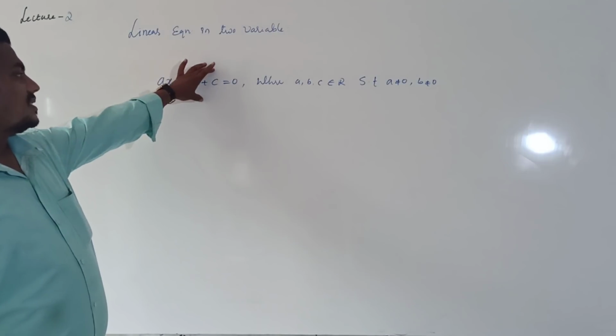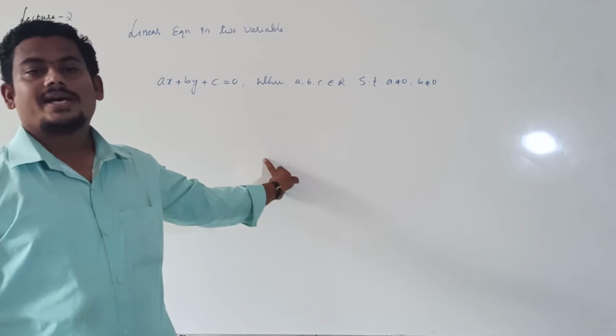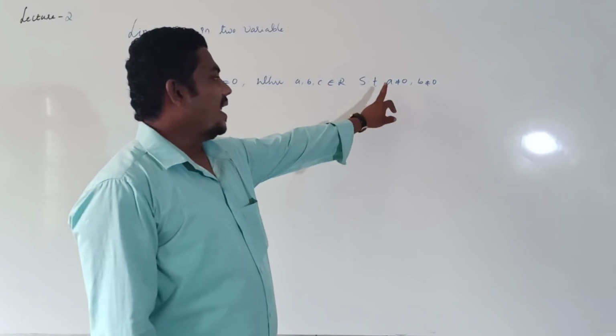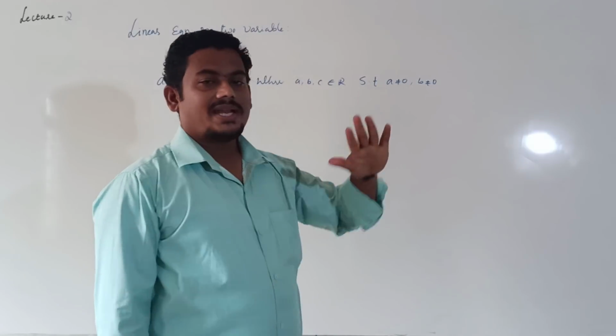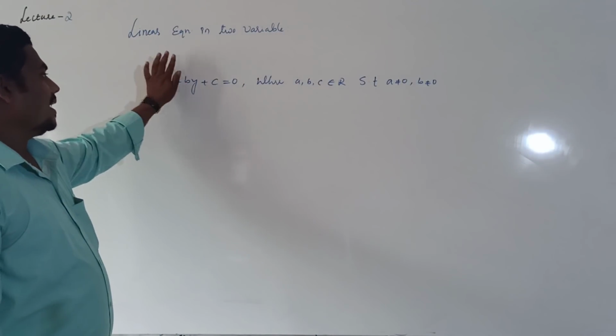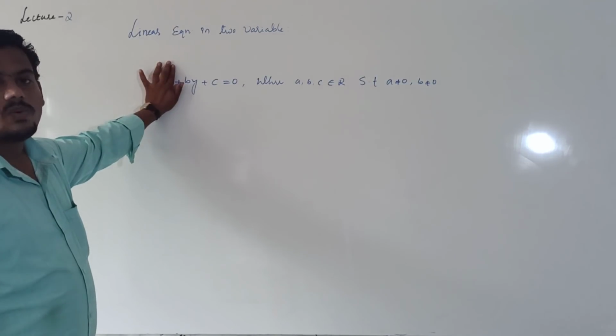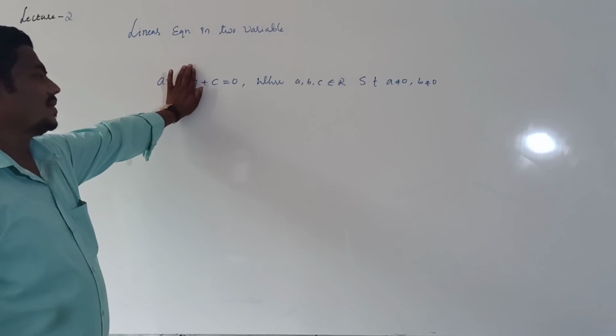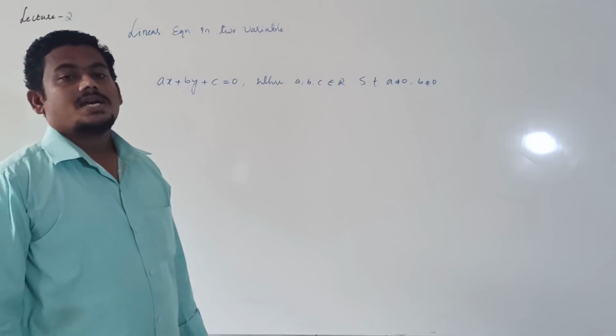Ax plus by plus c equal to 0 represents a linear equation in two variables when a not equal to 0 and b not equal to 0. Why? Because if a is 0, then it becomes a linear equation in one variable. Suppose b is 0, then it is also a linear equation in one variable.